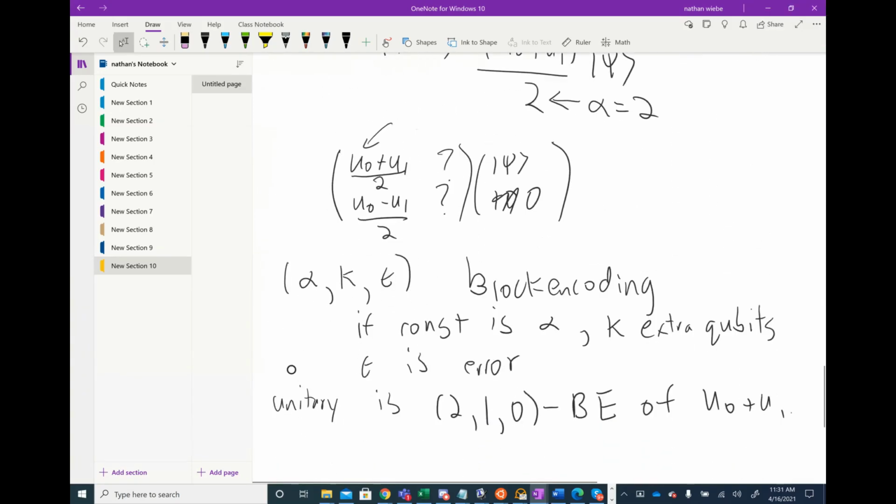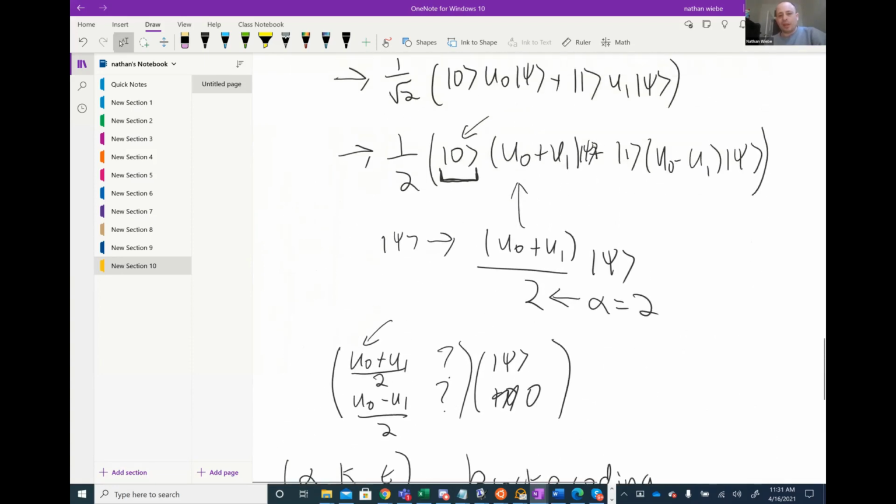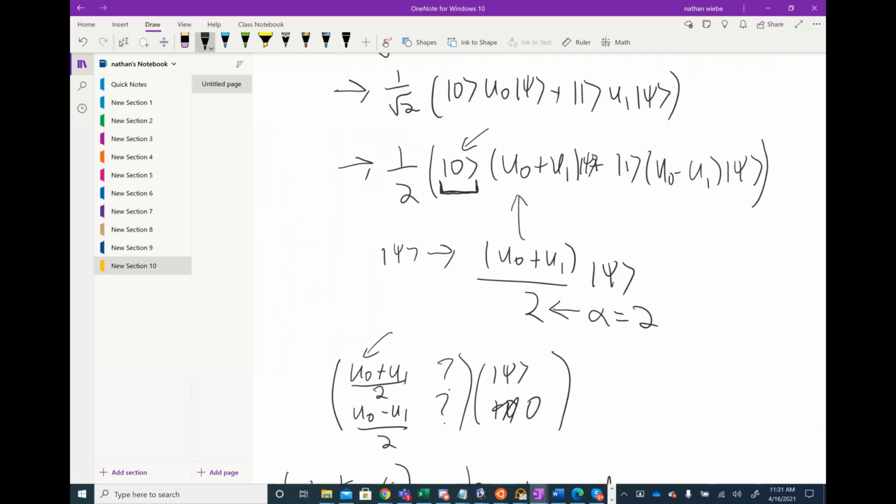Yeah, so the probability ends up depending on a couple of things, right? We can see in this case up here, the probability that we would end up getting for this is really just going to be this component squared.